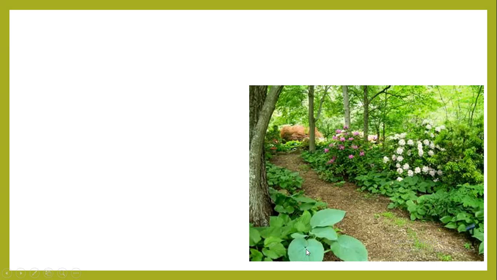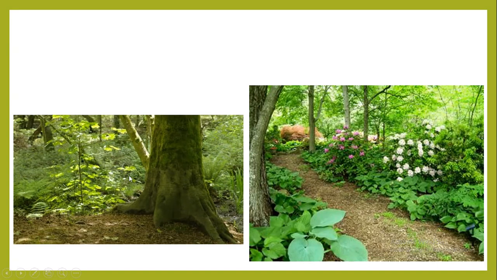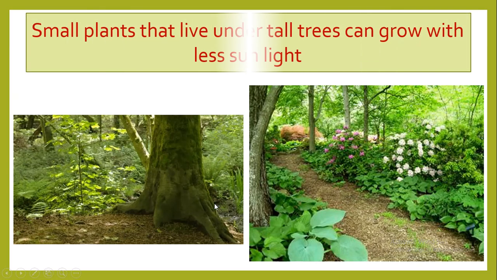Now in this picture, you can see many bushes, right? Small plants that live under trees can grow with less sunlight. They need less sunlight. Big trees or tall trees need more sunlight.